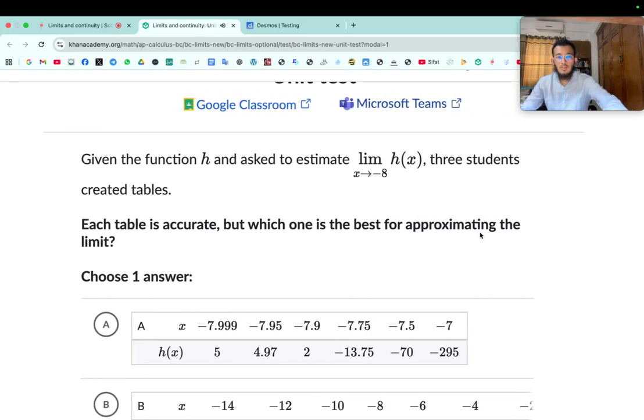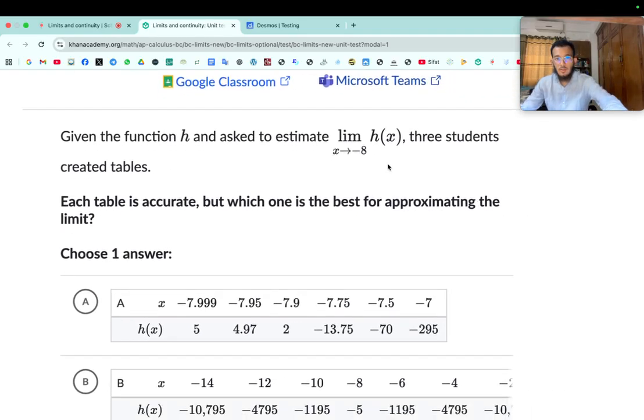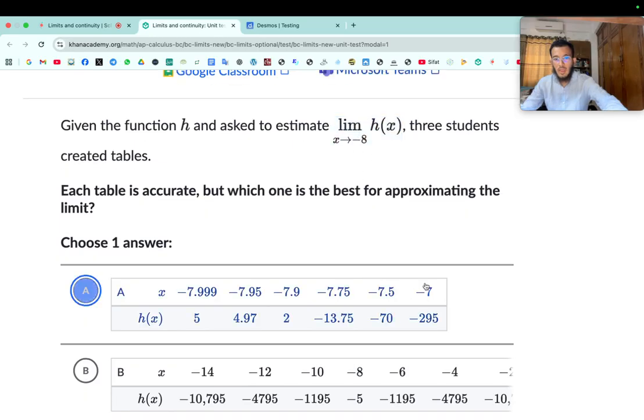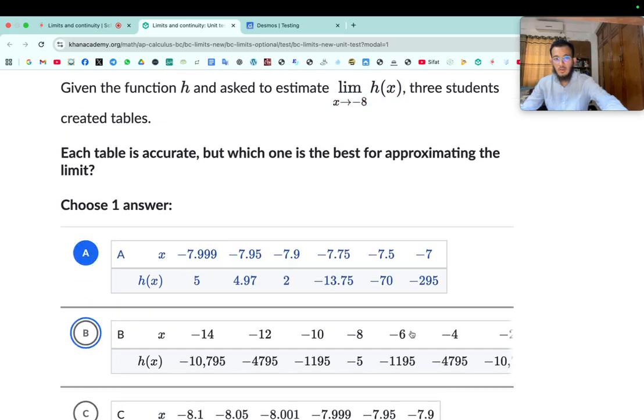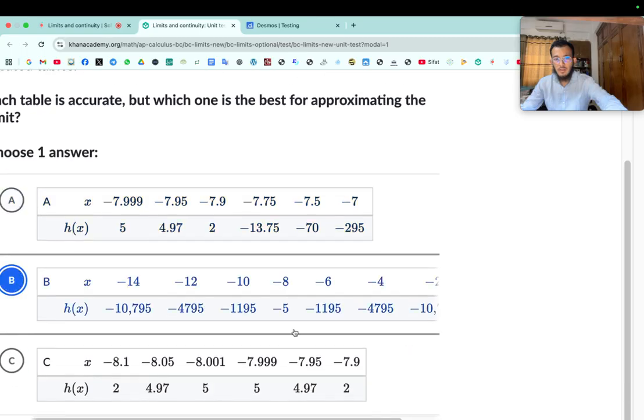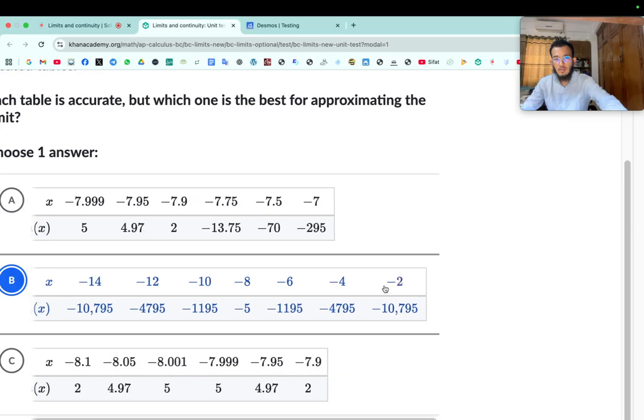Given the function h and asked to estimate the limit of h as x tends to negative 8, three students created tables. Each table is accurate, but which one is best for approaching the limit? Okay, so negative 8, and we don't have x equals negative 8, so how can this be appropriate? Here we have negative 8, but you see that the values are far apart from it.